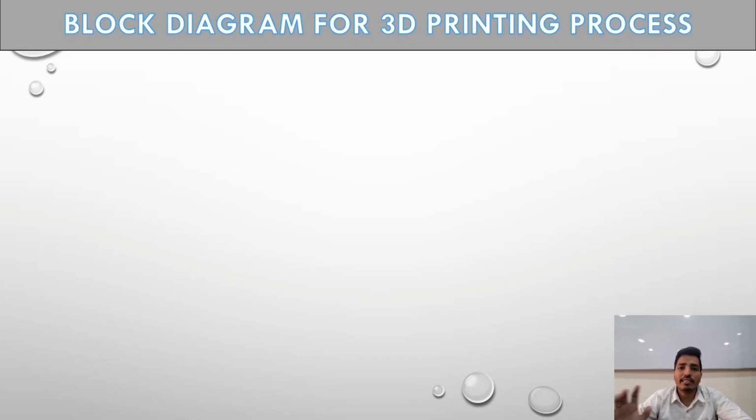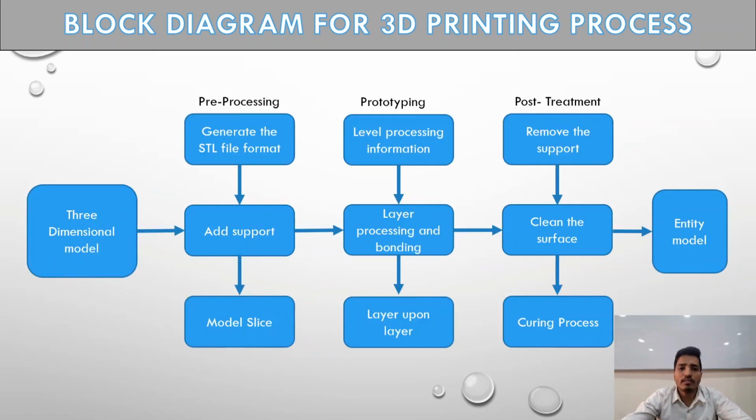Next, we'll see the block diagram for 3D printing. This will cover the entire process of 3D printing. Starting from the block diagram, we'll go from left to right. The first step is the three-dimensional model. Any three-dimensional object which we want to manufacture, first we have to create that.